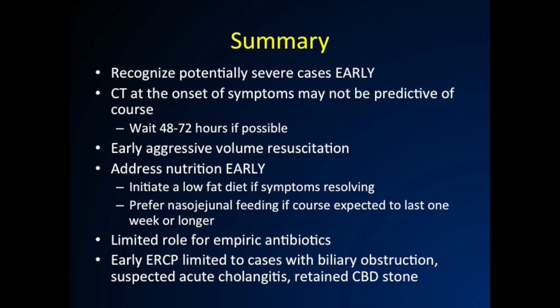Try to minimize the use of empiric antibiotics, and then ERCP is really limited to patients who have severe pancreatitis with biliary obstruction, obviously concomitant cholangitis, and once they've recovered, if you've determined that they have a common bile duct stone, it should be removed, most likely by ERCP.